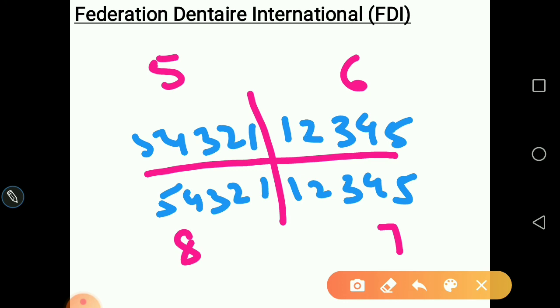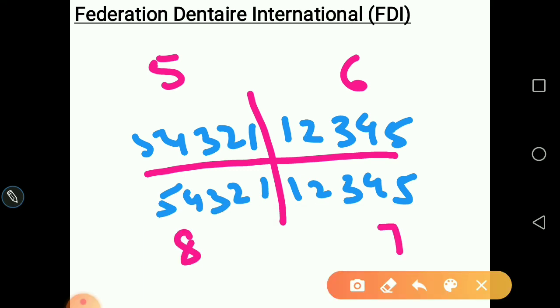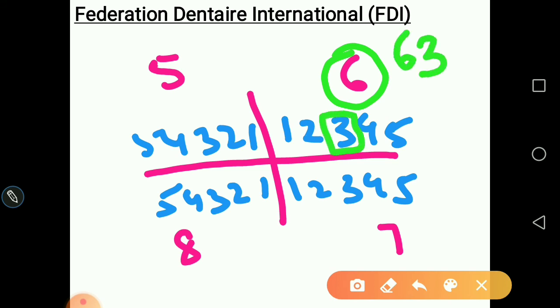If I say upper left canine, so upper left and canine, it's 6, 3.